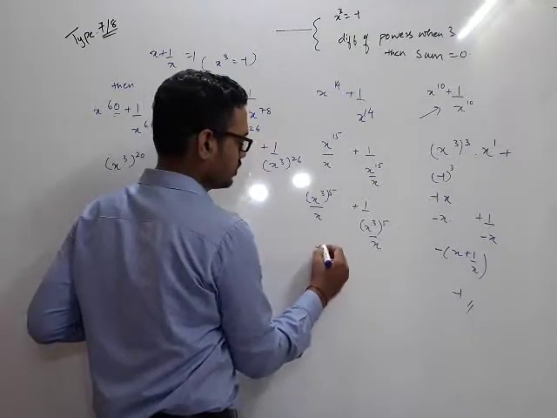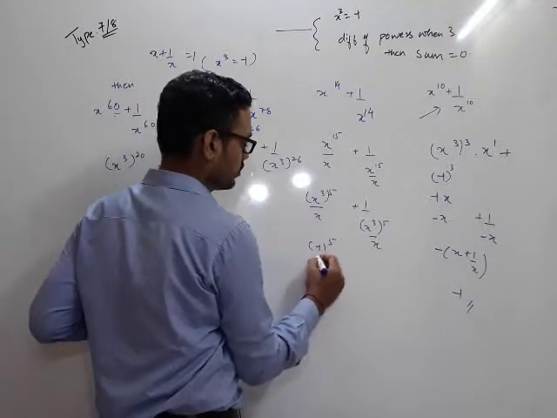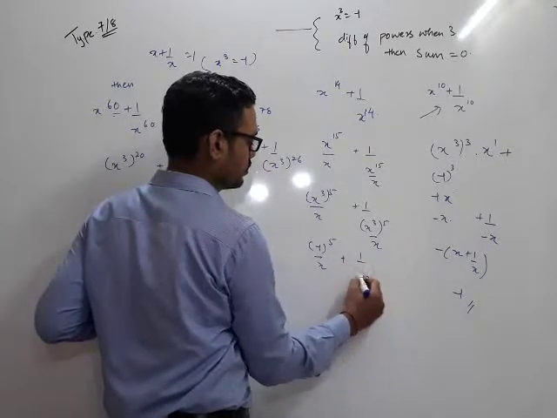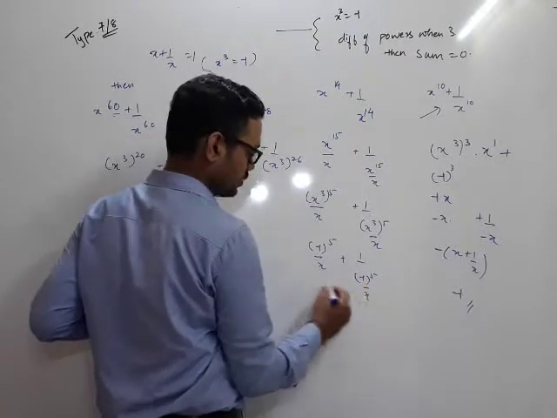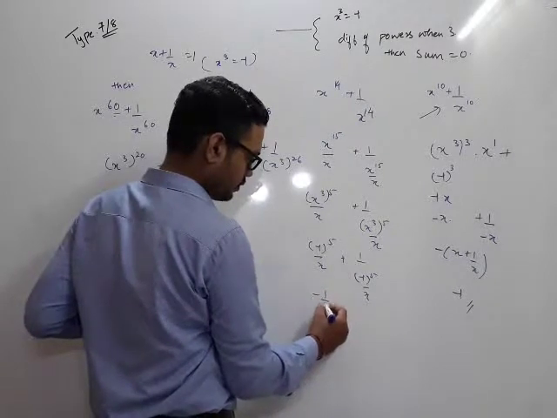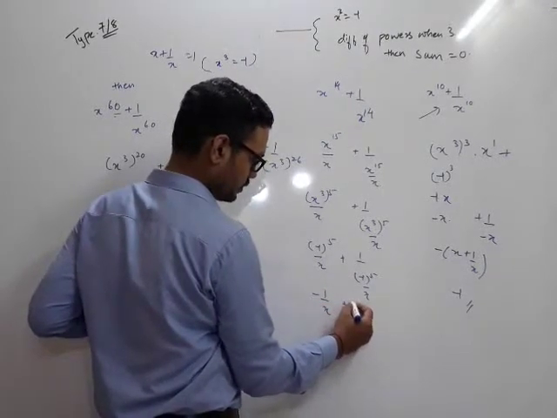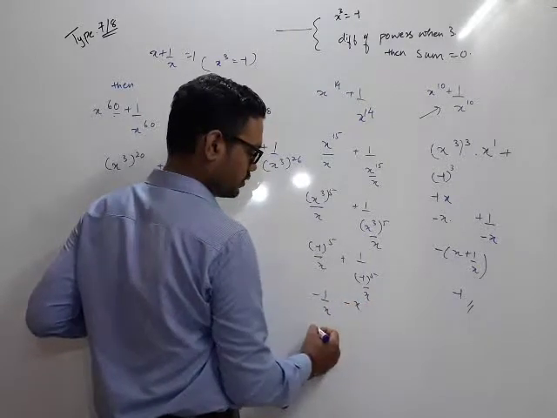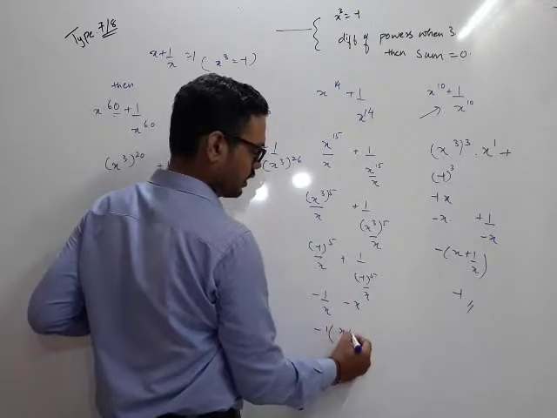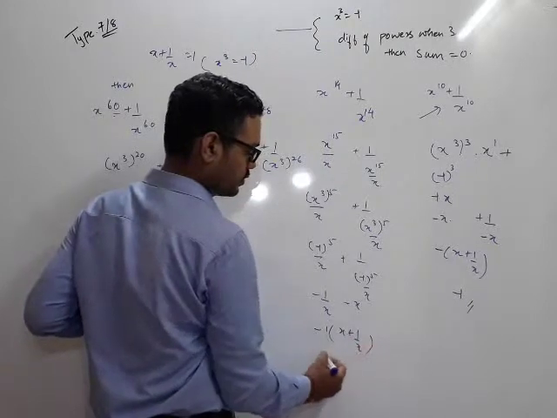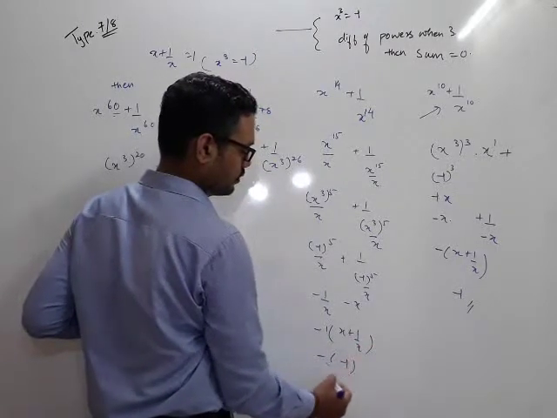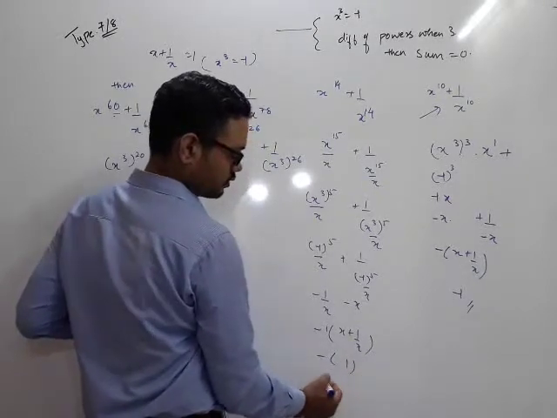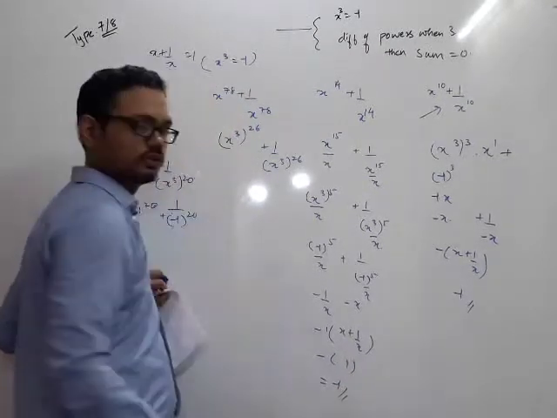This is nothing else but minus 1 in odd upon x plus 1 upon minus 1 in odd upon x. It is nothing else but minus 1 by x plus minus of x, which is minus 1 common, x plus 1 by x. Sorry, this is plus 1. So this becomes minus 1 is your answer.